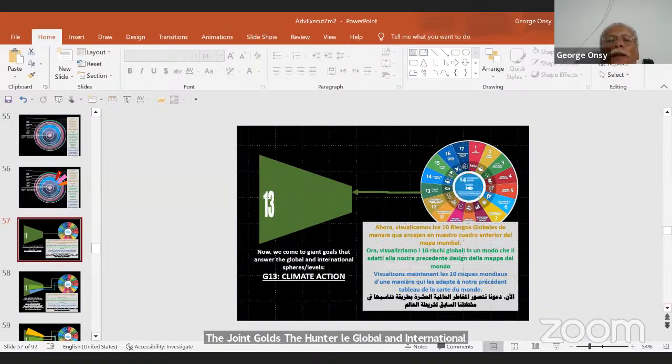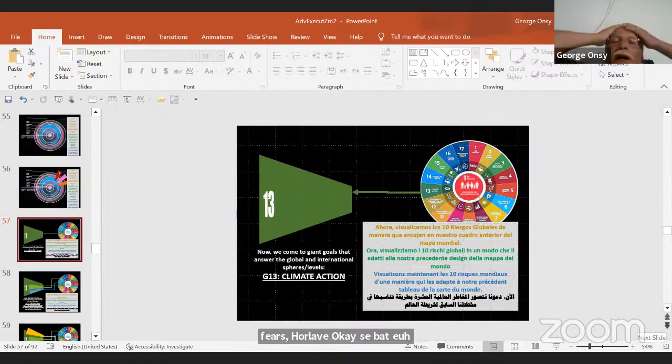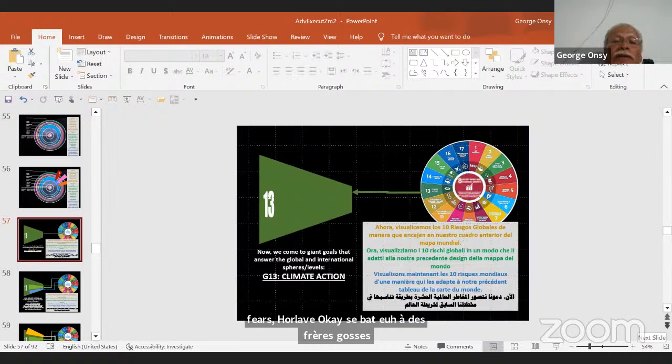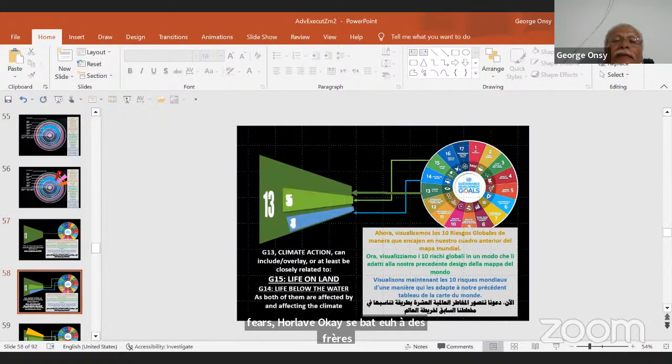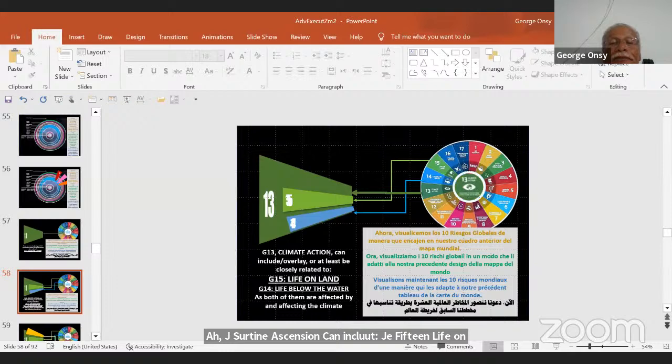Okay, but according to our rearrangement, there are different goals closely related to this and causing the problems of climate. G13, climate action, can include G15, life on land, and G14, life below water.